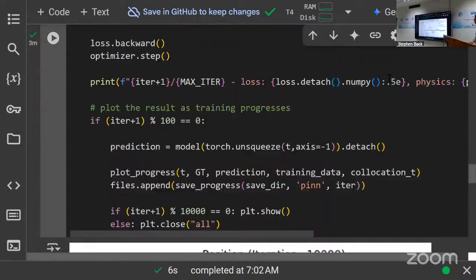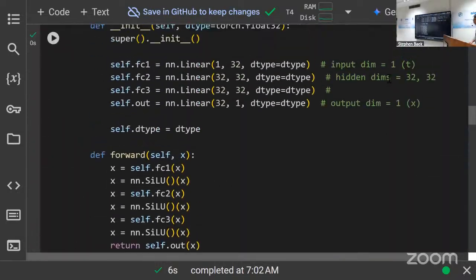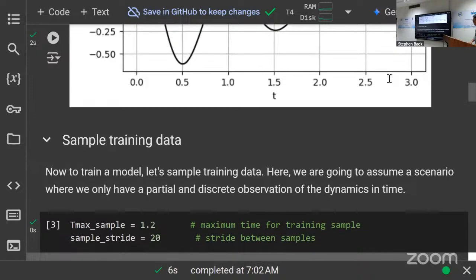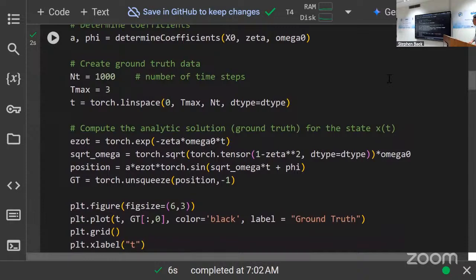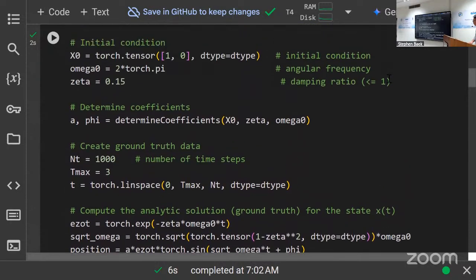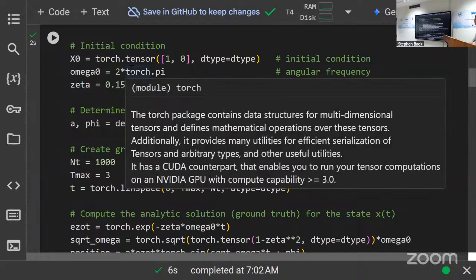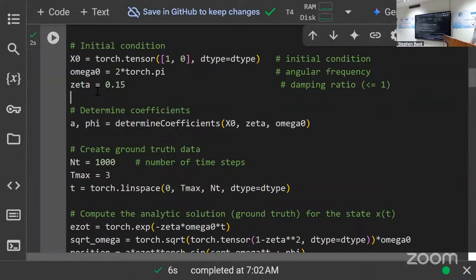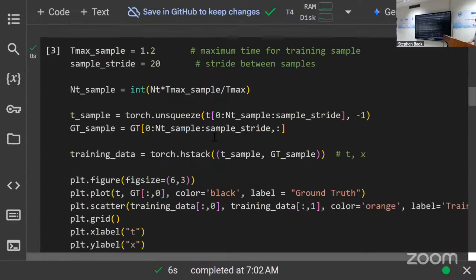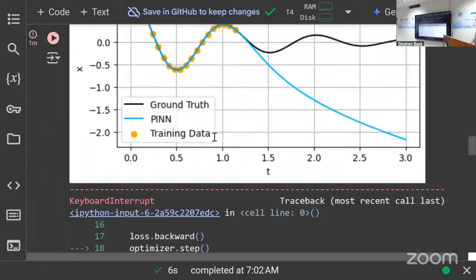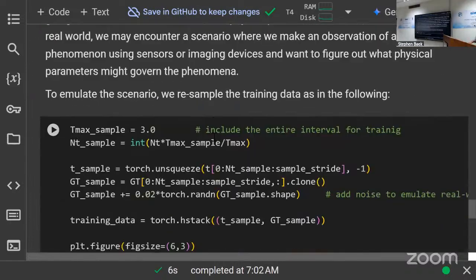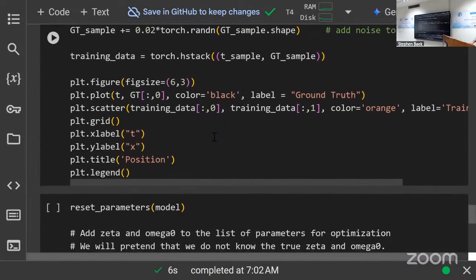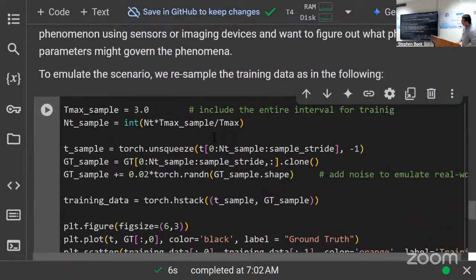As a matter of fact, we used omega 0 equals 2 pi, and zeta equals 0.15 as the combination of the physical parameters to generate our data. So that's the answer that we're going to figure out. But again, like I said, we're going to pretend that we don't know those values.